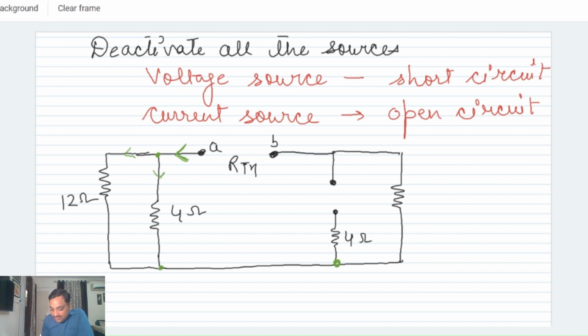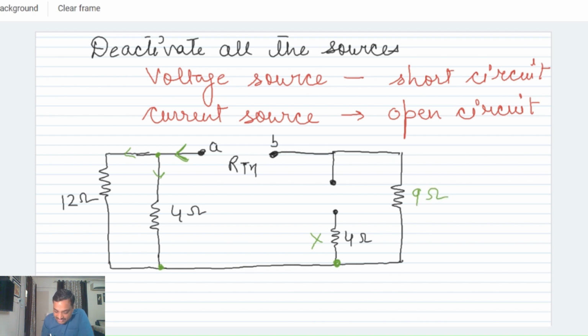But see, at this node, no current is going to pass through this 4 ohm resistor as there is an open terminal. So no current will pass through the 4 ohm resistor, and the current at this node is going to pass through this resistor of 9 ohm directly.